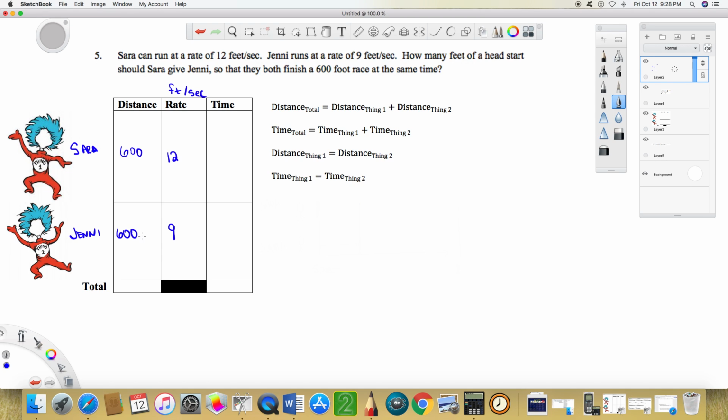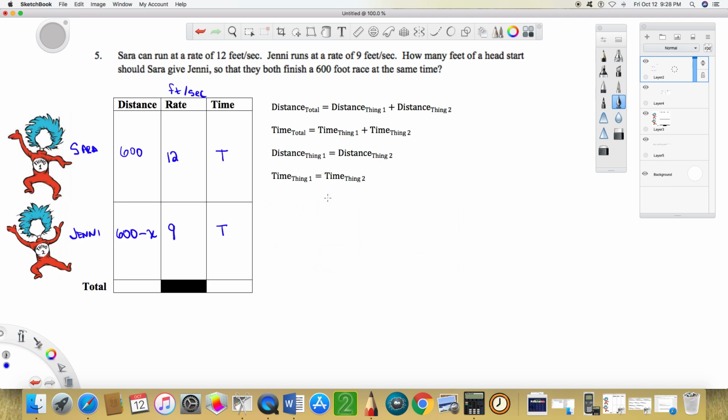It's 600 feet minus her head start. Somebody says, on your marks, get set, go. And then when they both cross the finish line, we say stop. That length of time that they ran is the same length of time. Now, I don't know what that is, but I do know that they ran for the same length of time.